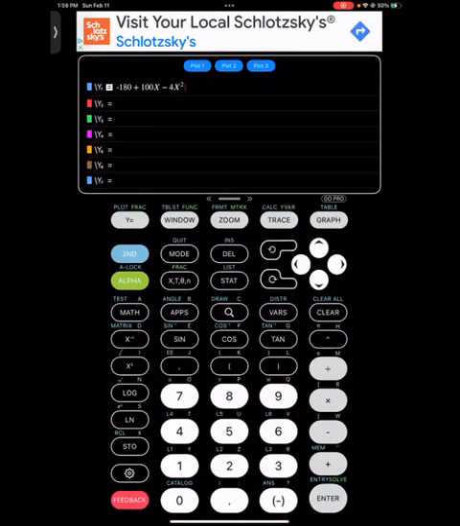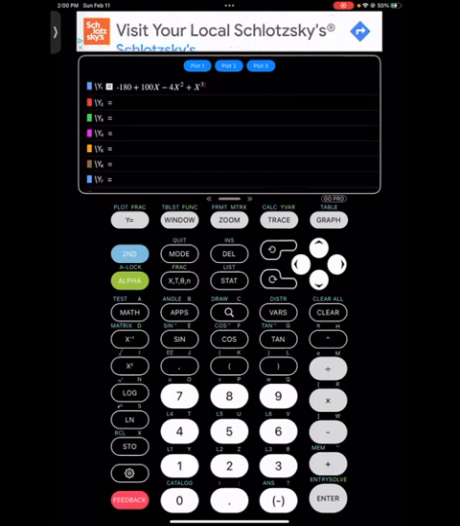Now, sometimes we need to type in other powers. Let's say, for instance, I wanted to say plus x cubed. Now, there's no button to just put a 3 up there, so that's when I really do have to use the arrow to go up here and type in 3.